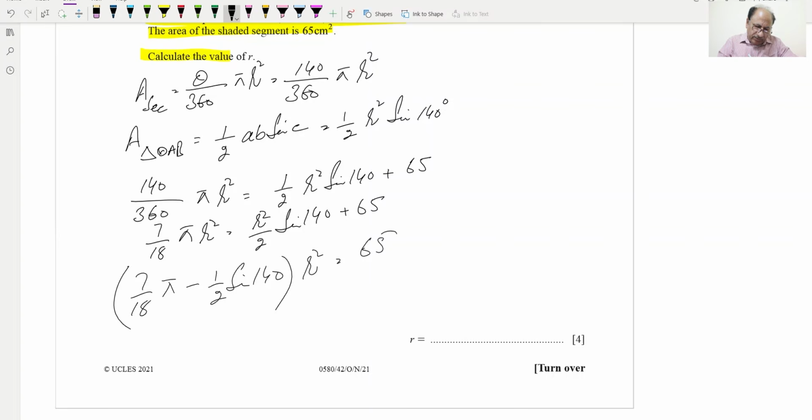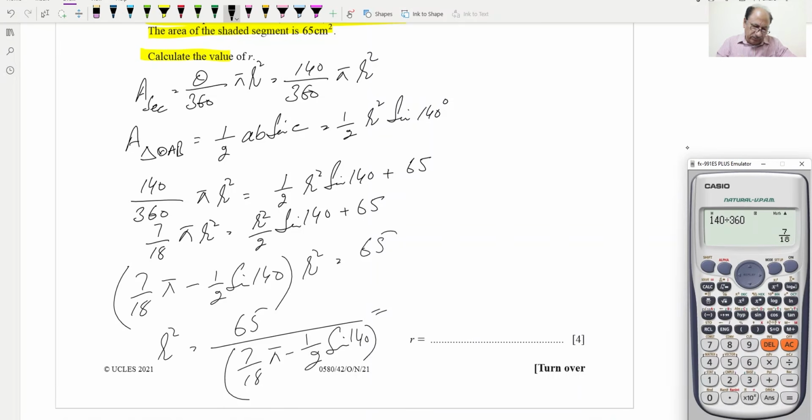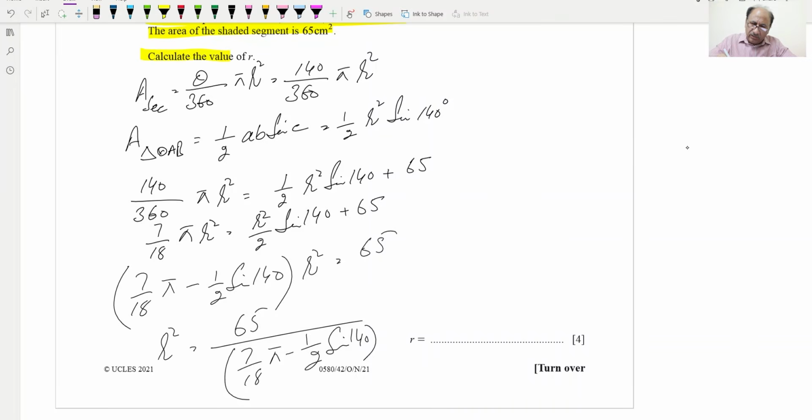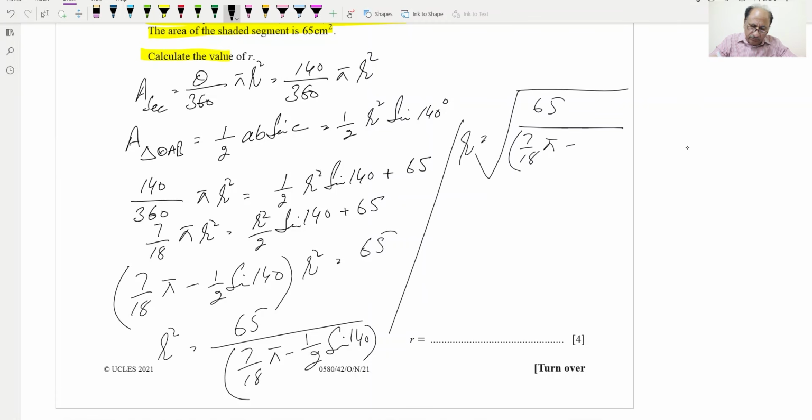So this implies r squared is equal to 65 over 7 over 18 pi minus 1 by 2 sine of 140 degrees. Basically the r value will be the square root of 65 over 7 over 18 pi minus 1 by 2 sine of 140, and this will give us the answer.